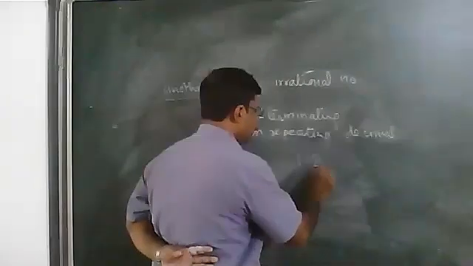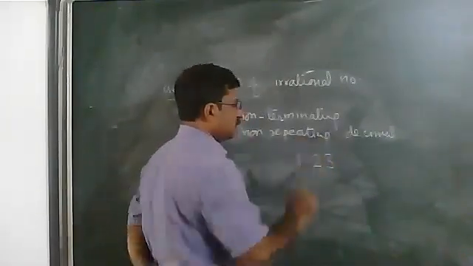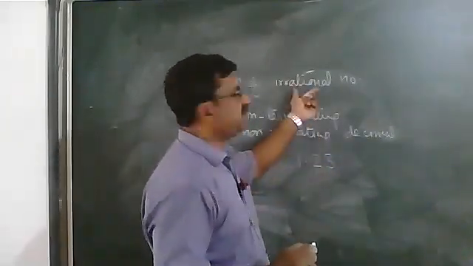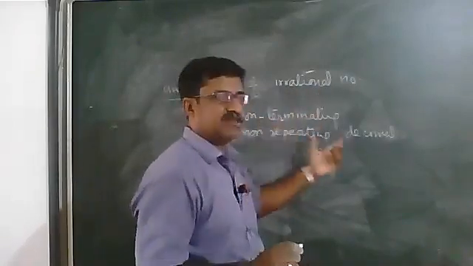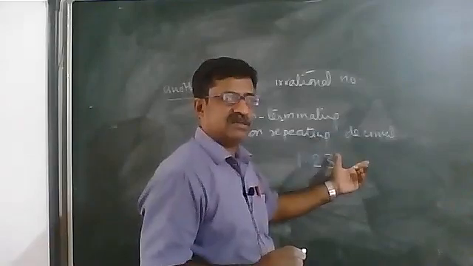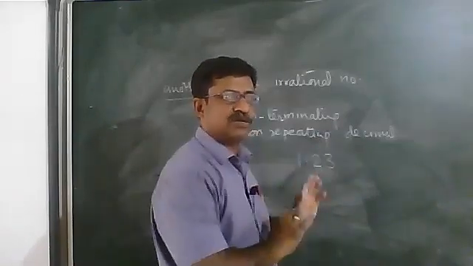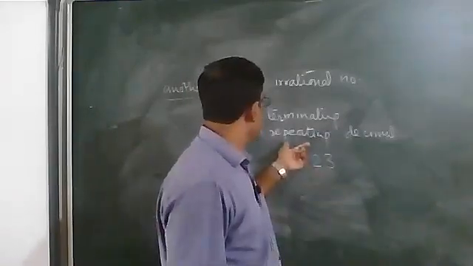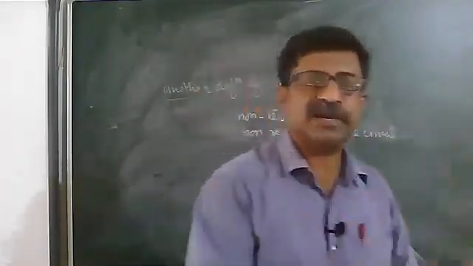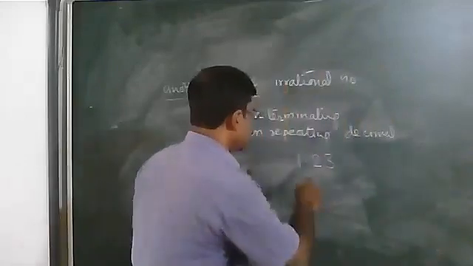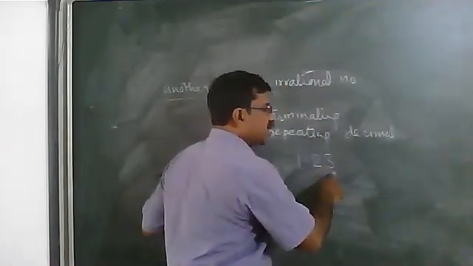If I have written 1.23, since we want to make it irrational, it should not be terminated. That means it should not end. Don't stop. It goes on. But it should not repeat, because if it is repeating, then it becomes rational.